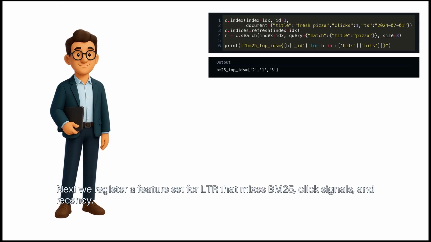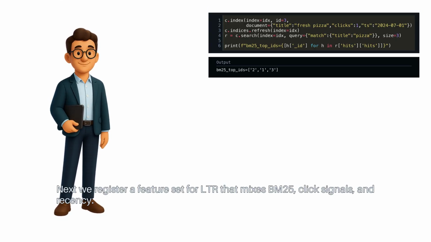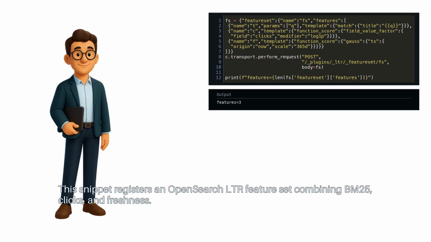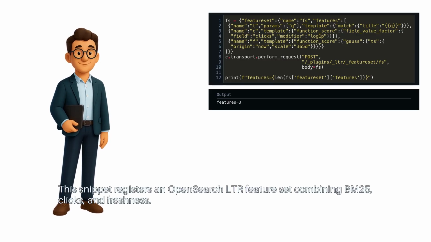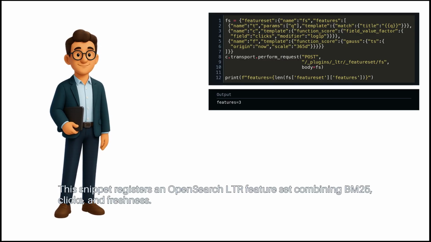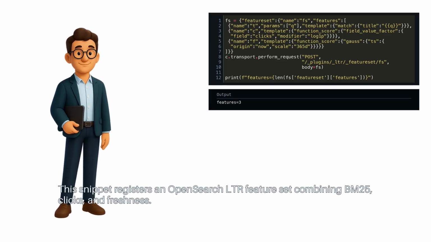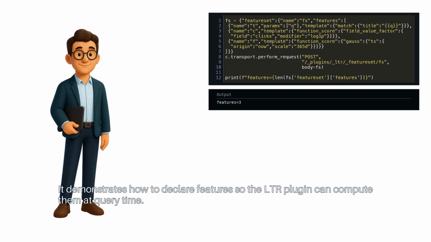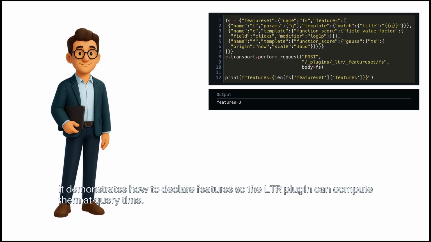Next, we register a feature set for LTR that mixes BM25, click signals, and recency. This snippet registers an OpenSearch LTR feature set combining BM25, clicks, and freshness. It demonstrates how to declare features so the LTR plugin can compute them at query time.